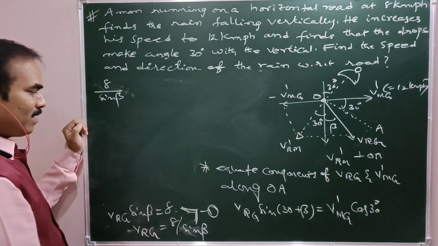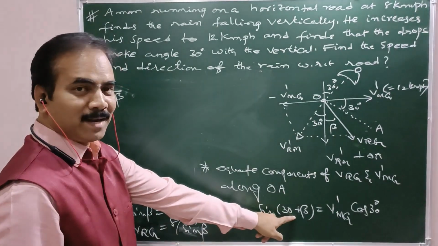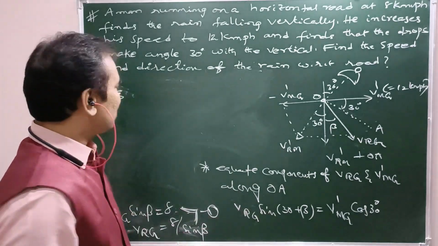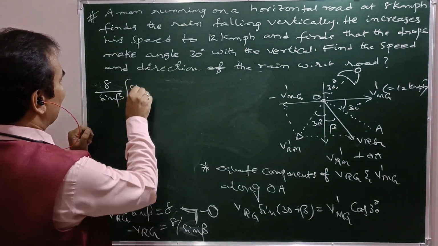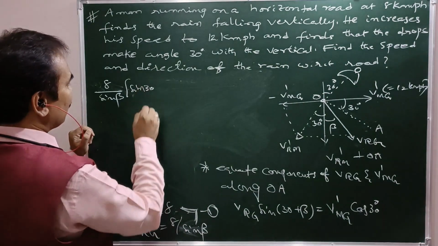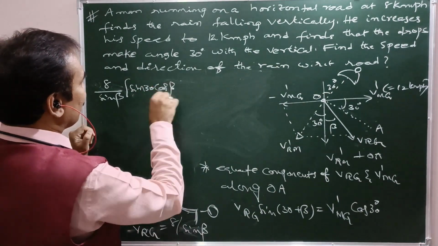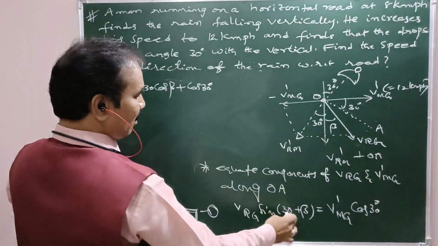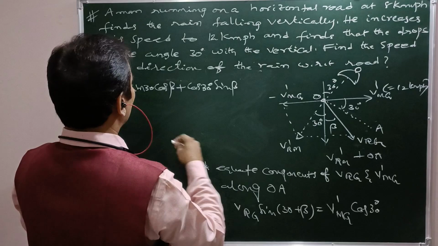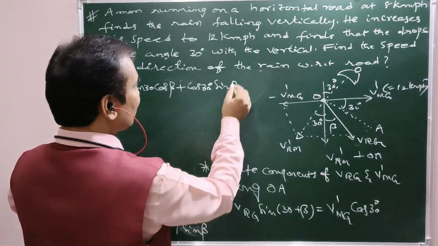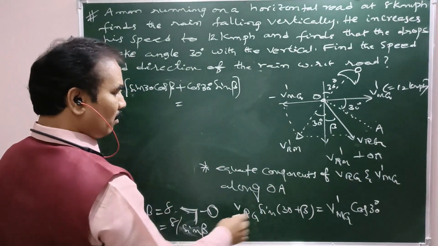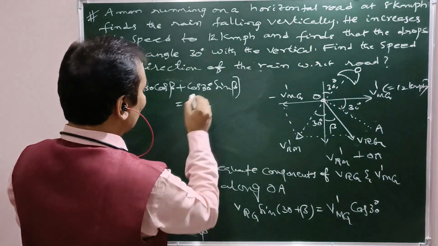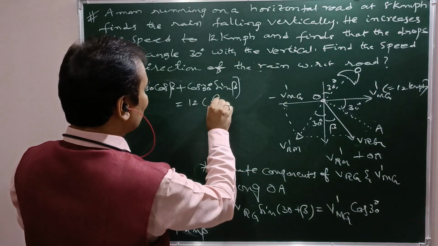VRG means 8 by sin beta into sin of 30 plus beta, in sin A plus B form. Sin A plus B means sin A cos B plus cos A sin B. Sin A is sin 30, cos B is cos beta, plus cos A is cos 30 into sin beta. That is equal to VMG dash, which is 12 into cos 30, root 3 by 2.